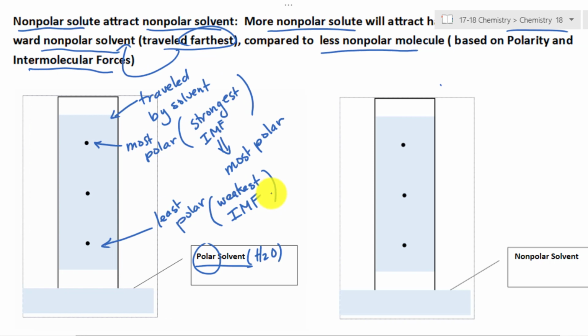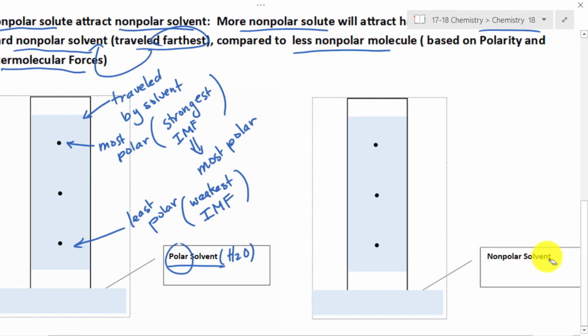See how that works? Now let's look at an example where we have a nonpolar solvent. In this case, this is the travel distance by the solvent, and the solvent is nonpolar. If we look at this one here, this one would be the most nonpolar. What does most nonpolar mean?